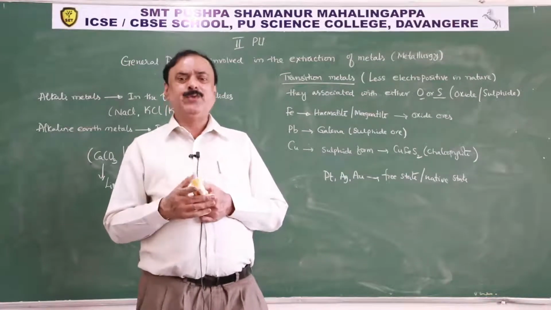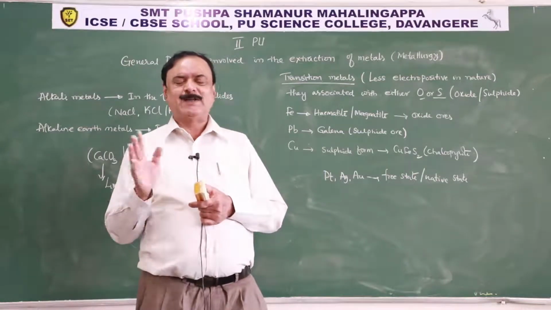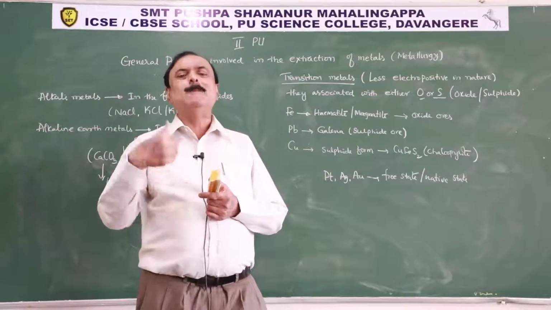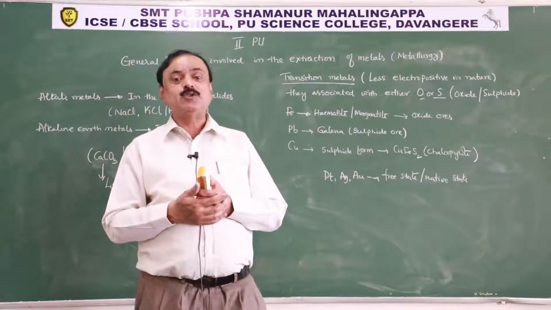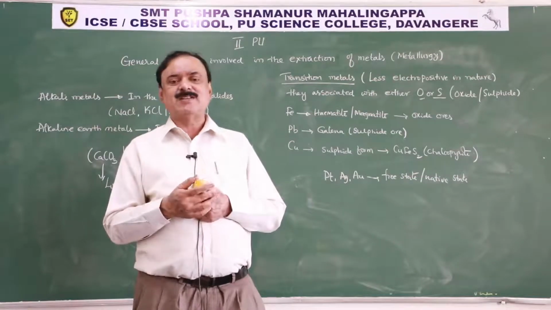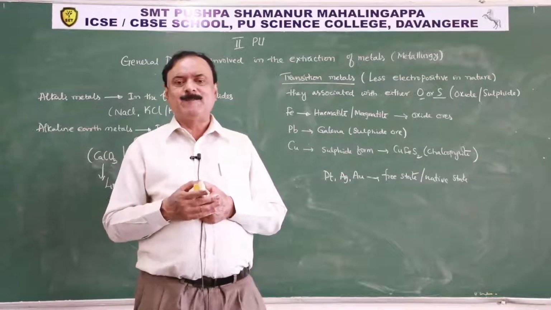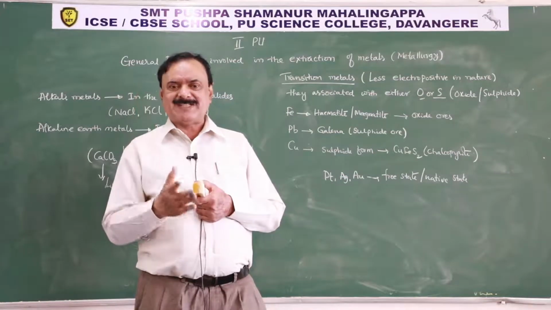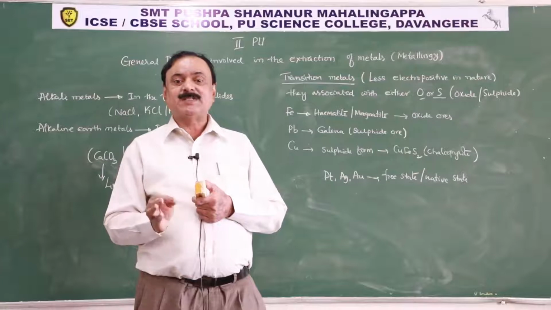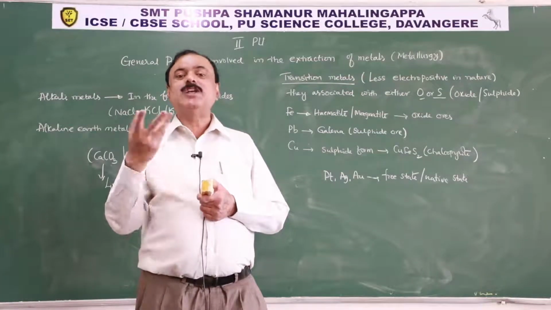Okay. Only a few metals, three metals, gold, silver, and platinum, are considered as noble metals. Why are they considered as noble metals? Because they won't react with atmospheric oxygen or air. When they are kept in air for a longer period in 100% pure state, they do not undergo rusting or corrosion reaction. Therefore, they are costlier elements.